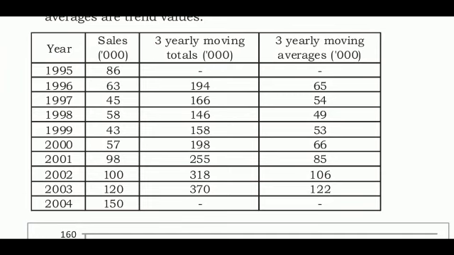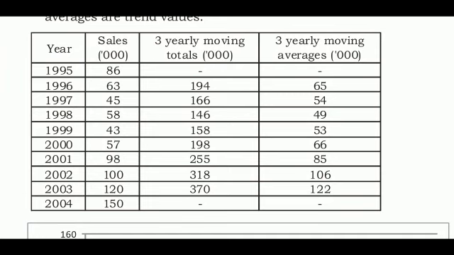Then for the next one you remove 86, then you add 63, 45, 58. You remove 86 for the second value, 63 plus 45 plus 58, and that value will be written in the middle, against 1997.